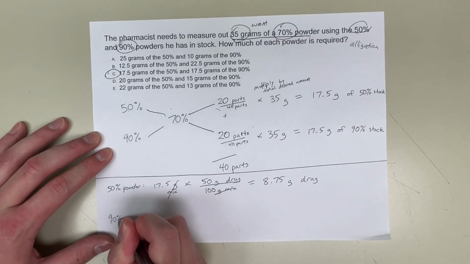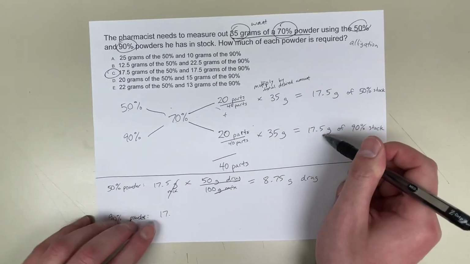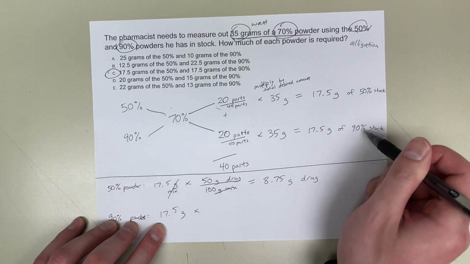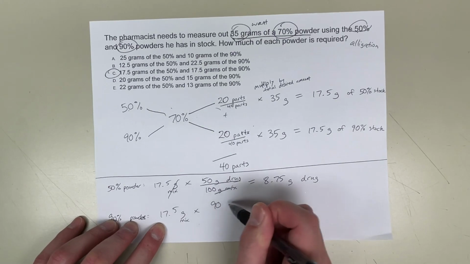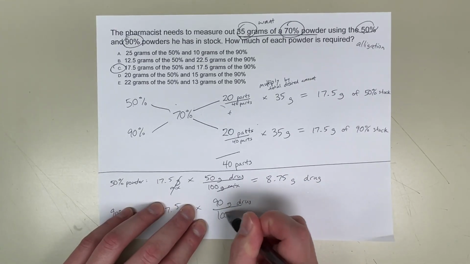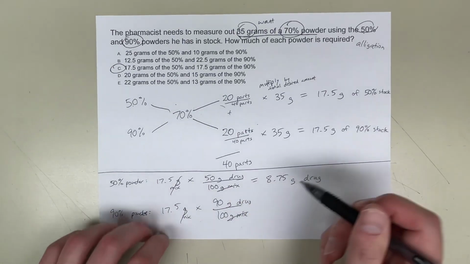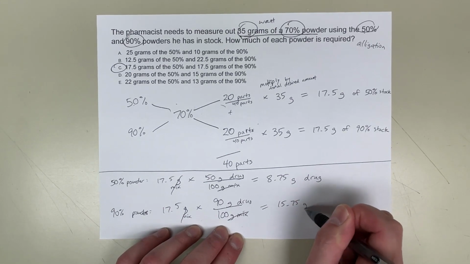So in the 90% powder, I have 17.5 grams, times it by the concentration, which is 90 grams of drug over 100 grams of mixture. So grams of mixture cancel out, and that equals 15.75 grams.